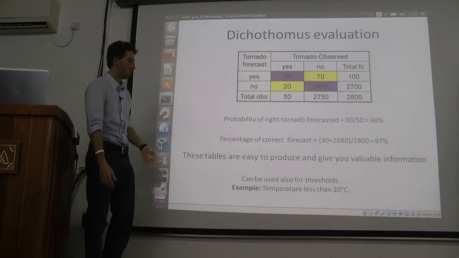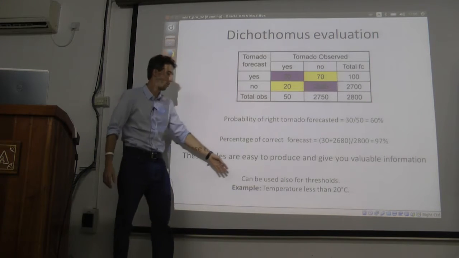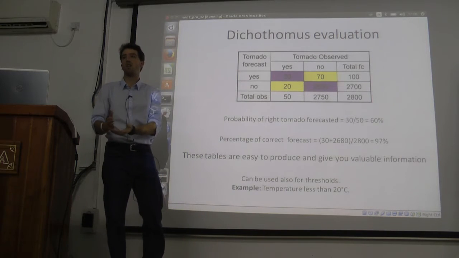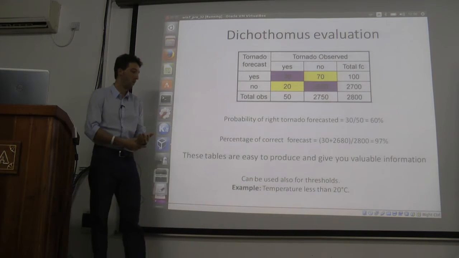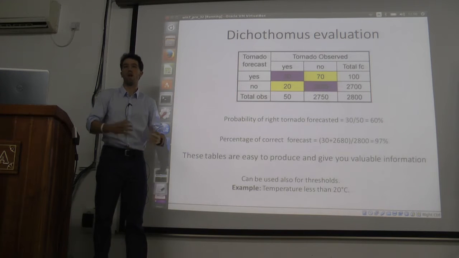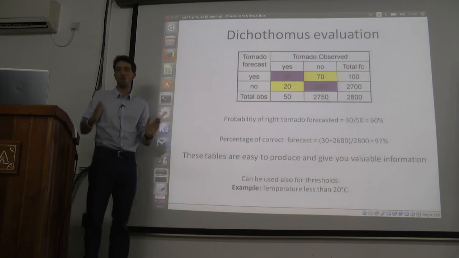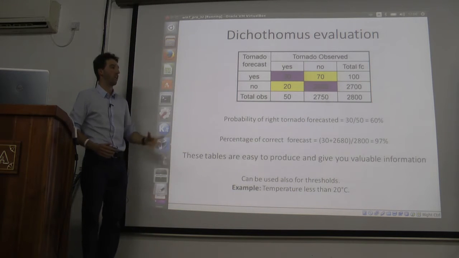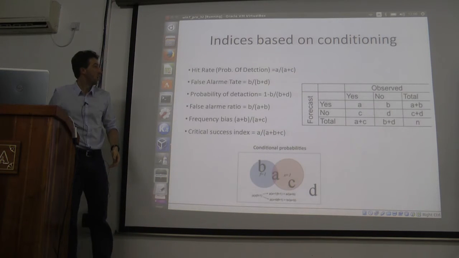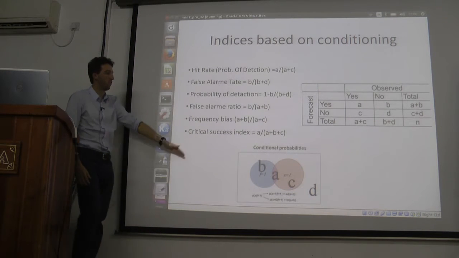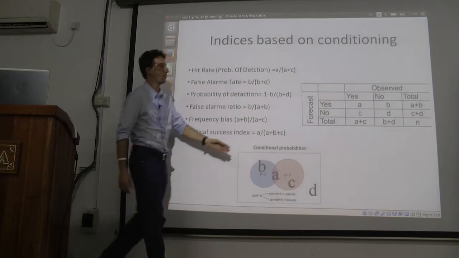You can do it with rain and set up thresholds. For example, temperature less than 20 degrees Celsius or rain more than 20 millimeters, you set the threshold of your error, and then you create this kind of table. And then there are a lot of indices that you can create with the table.